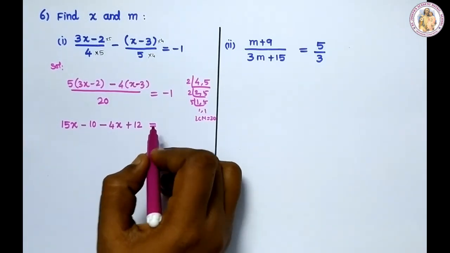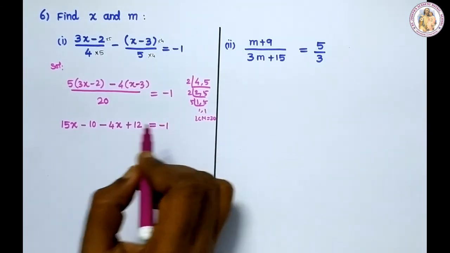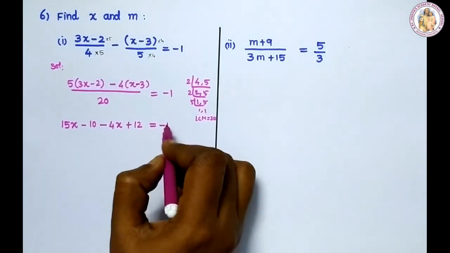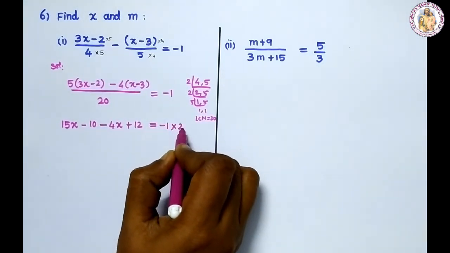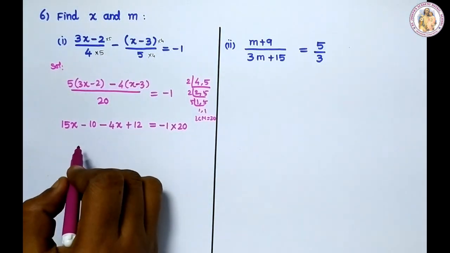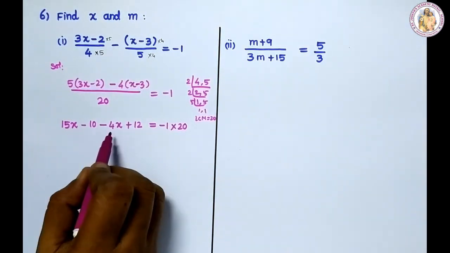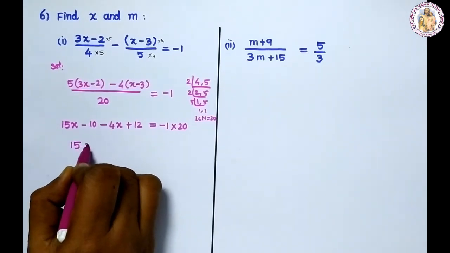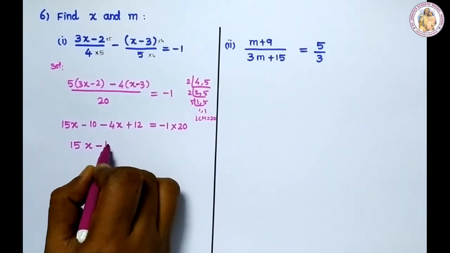Equal to minus 1. Here 20 is in division. Bring this side means it becomes multiplication. Now assemble the variables. 15x minus 4x.